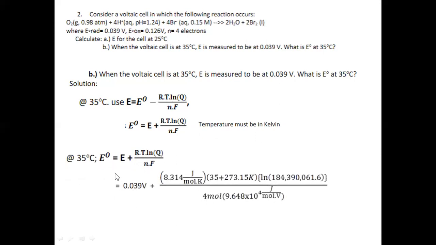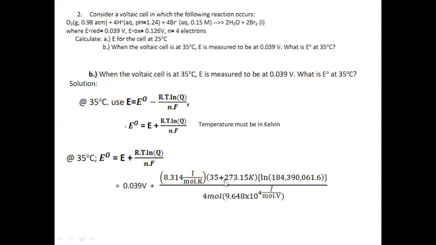Now let's substitute the following values. This gives us the standard voltage E naught is equal to 0.039 volts plus 8.314 joule per mole Kelvin for the gas constant, SI unit, multiplied with the temperature. Take note, this must be in Kelvin or converted to Kelvin.